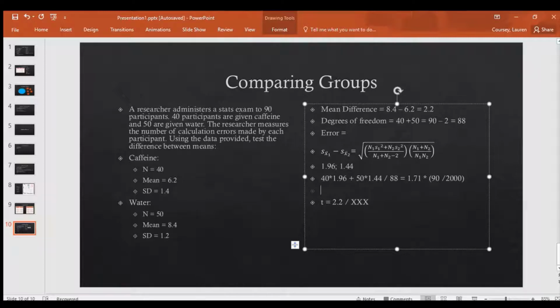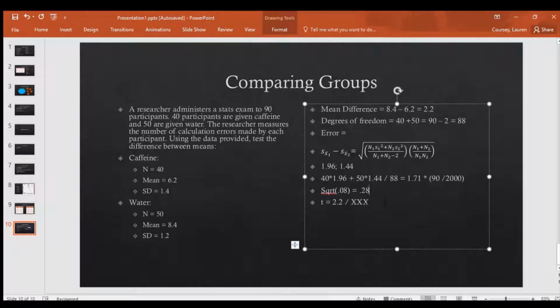0.08. And then I want to take the square root of that. So don't forget about the square root radical here. So the square root of 0.08 would give us approximately 0.28.